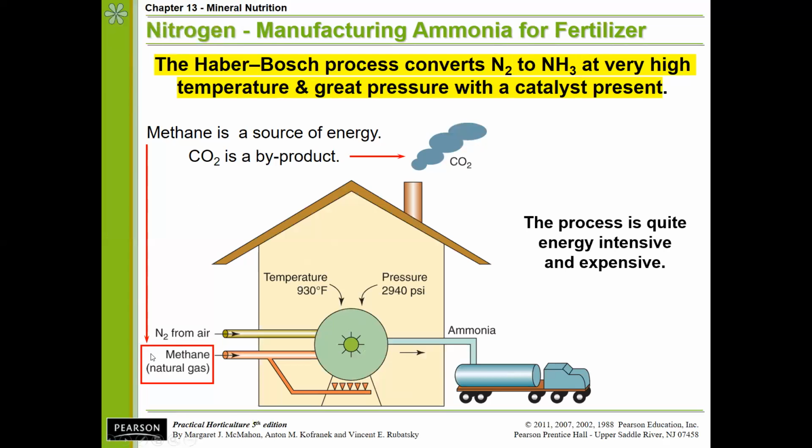So they use methane as a source of energy, kind of as a catalyst, to use this high temperature and pressure to bind it often to a salt in order to get our nitrogen fertilizer.